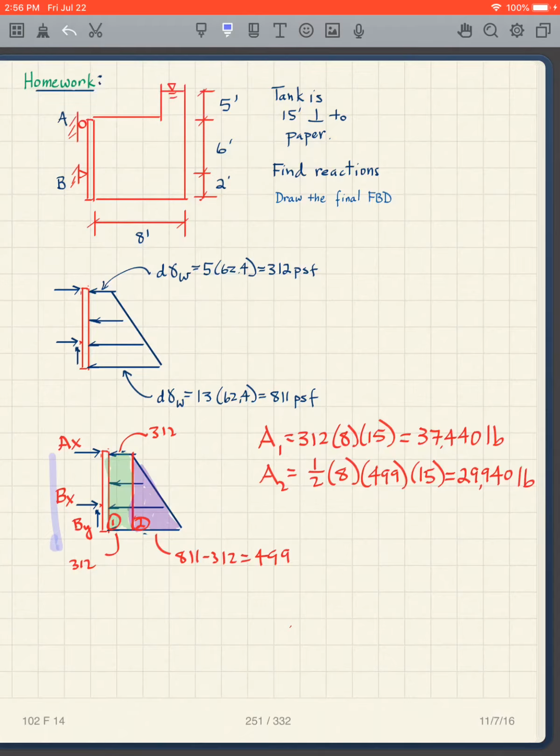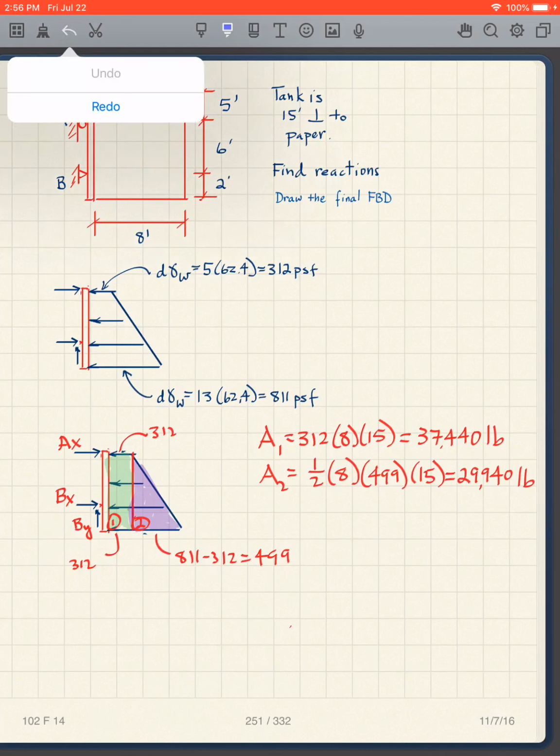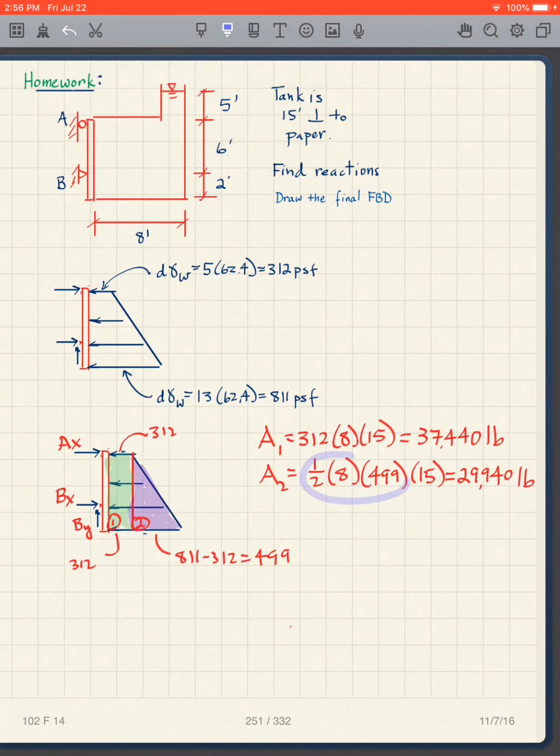I'm using this as the base, the 8 feet. So it's 1/2 times 8, and this works out to be 499. You can see we've done the trapezoids before, so you know how to do that. That gives me the area of this triangle, and then I take 15 feet perpendicular to the paper, which we said before.